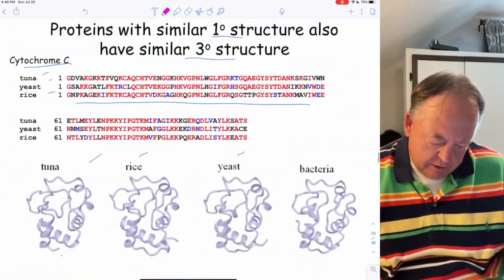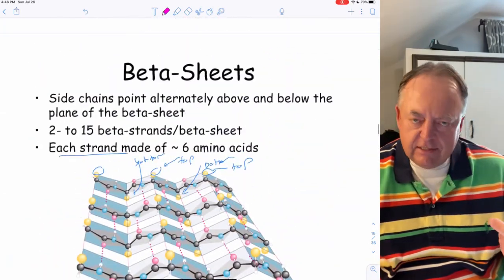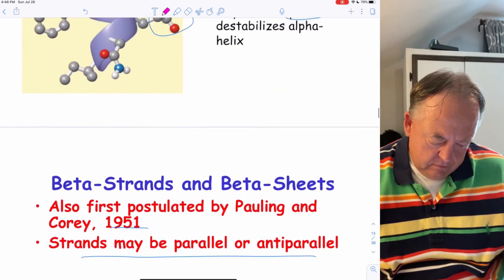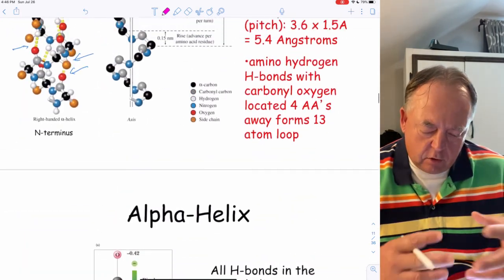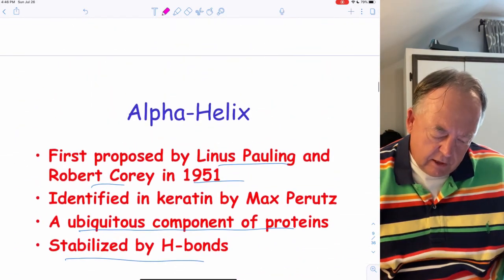And basically just understanding what secondary structure is, what alpha helices are, what beta sheets are, what turns are, and those intermolecular hydrogen bonding interactions. That's the main thing to understand from this lecture.